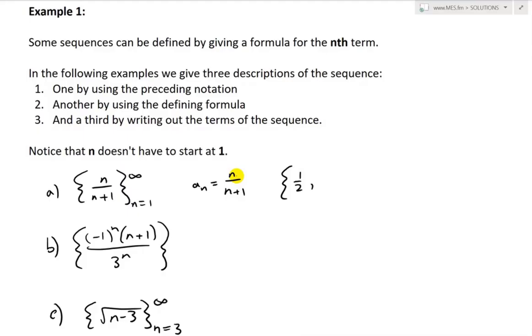Then when we have 2, it's 2 over 2 plus 1, which is 3, so 2 over 3, and as you can see the pattern, it just goes higher. Then 3 divided by 4, then 4 over 5, and so on, dot, dot, dot, and then it's going to add the term n over n plus 1, and keeps going on, close bracket.